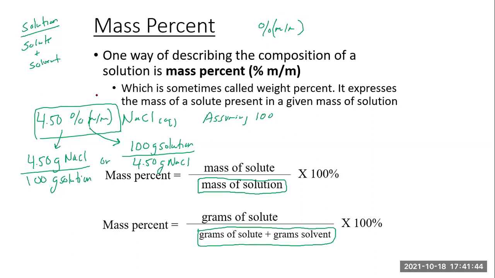Remember as well that in these percentage concentrations, we can convert them into a conversion factor by assuming 100 grams of solution. So for example, the example I did last time, if we had a 4.5% by mass solution of sodium chloride, that means you have 4.5 grams of sodium chloride in 100 grams of solution.